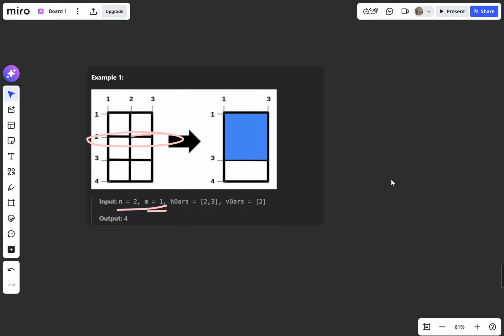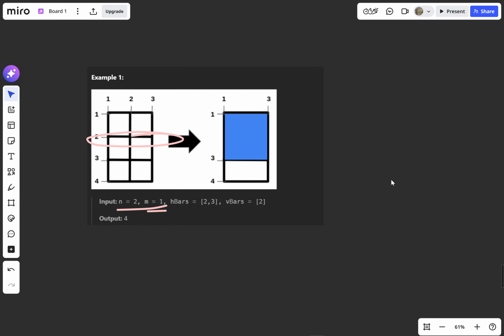Then we have to remove any number of bars from hBars and vBars. It can be 0 also, and we have to figure out what is the maximum area we can get by removing those bars.